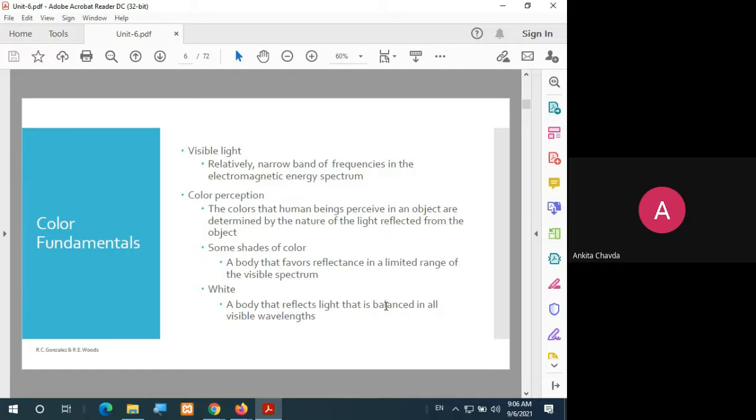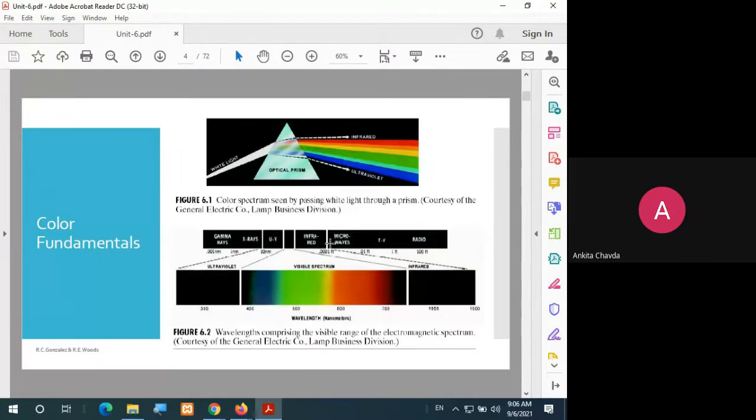Visible light is a relatively narrow band of frequencies in the electromagnetic energy spectrum, right? Those are just frequencies, nothing else. The color perception, how humans can perceive colors, depends on the particular wavelength only, right? Just like here you can see the red color would be after 650 or 675 around, right?